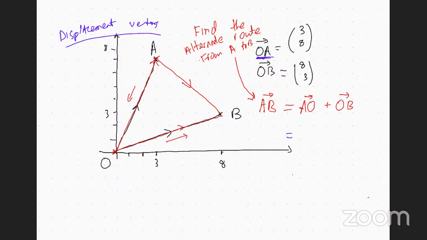Anybody? Right. Very good, Elizabeth. (-3, -8), so remember to change the sign. And then OB is still (8, 3). So your answer will be (5, -5). Okay? So that's the way you find displacement vectors.